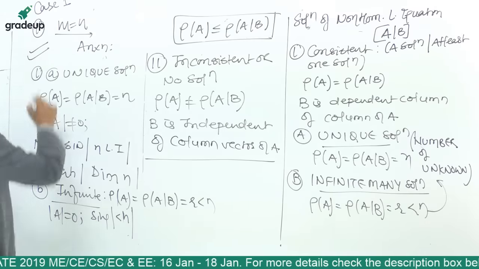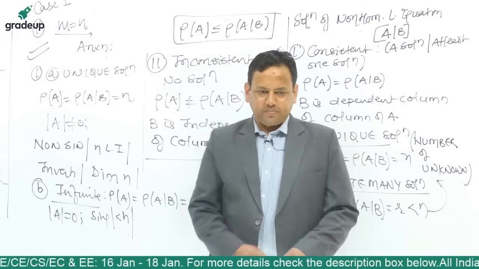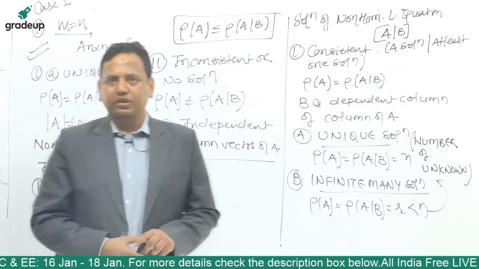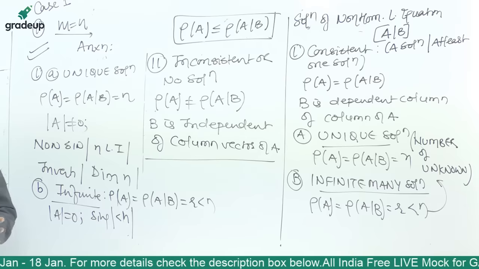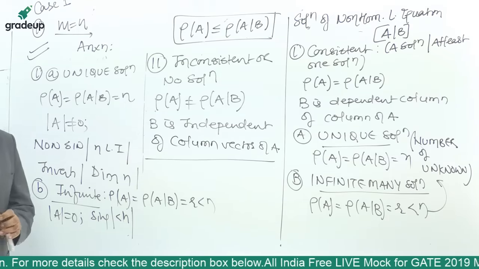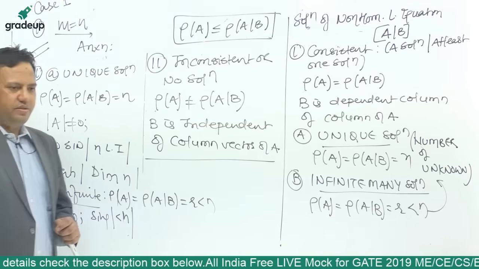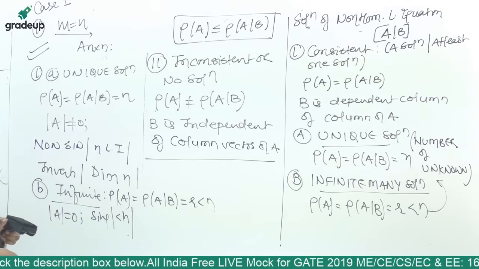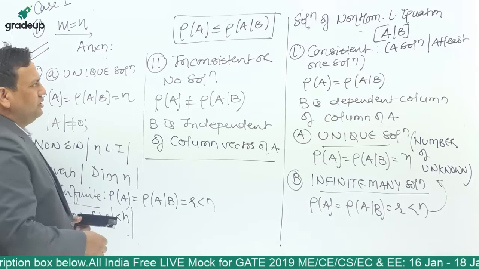Okay, so this is the first case, when the number of equations and number of variables are the same. Just look at it, then I will solve one question and then I will tell you further.